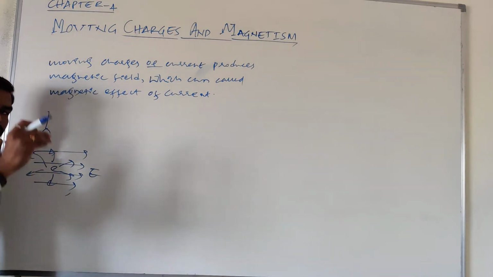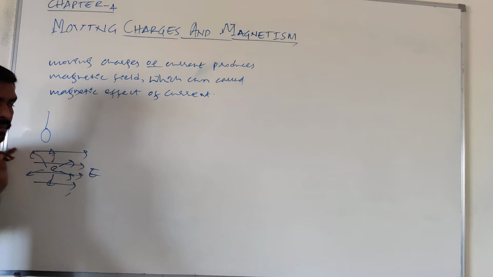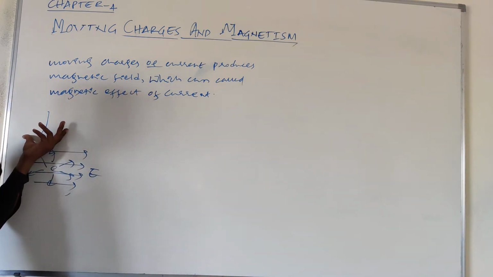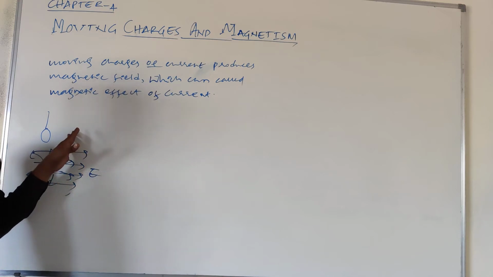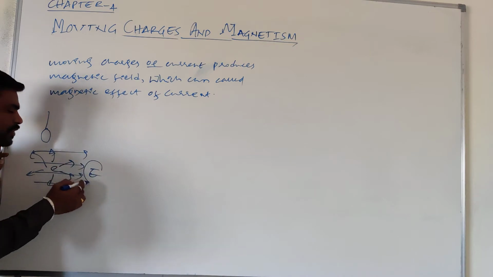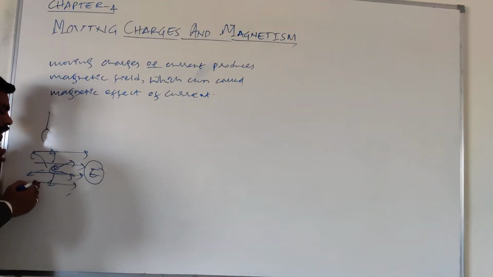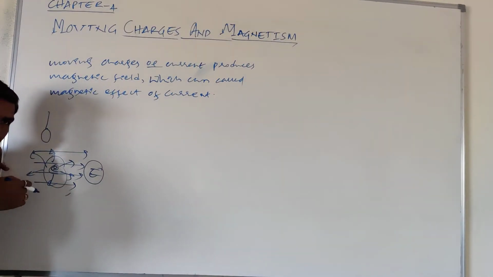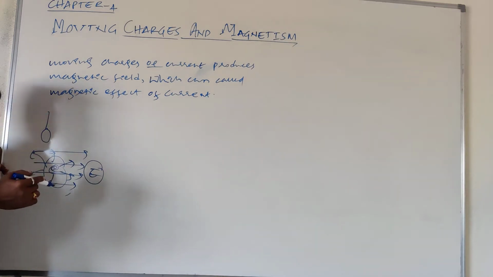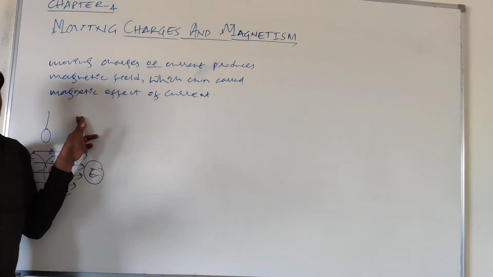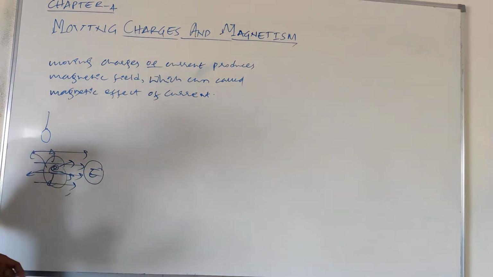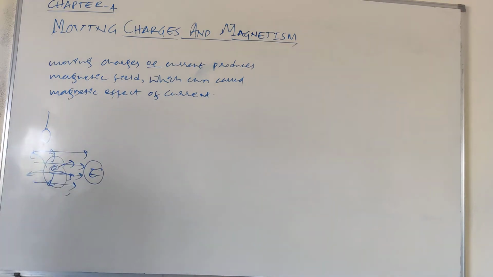If the charge is in motion, then only the magnetic field is produced, right? This is very important. With the electric field, whether the charge was at rest or in motion, an electric field was created, but here that is not possible. You should know this.